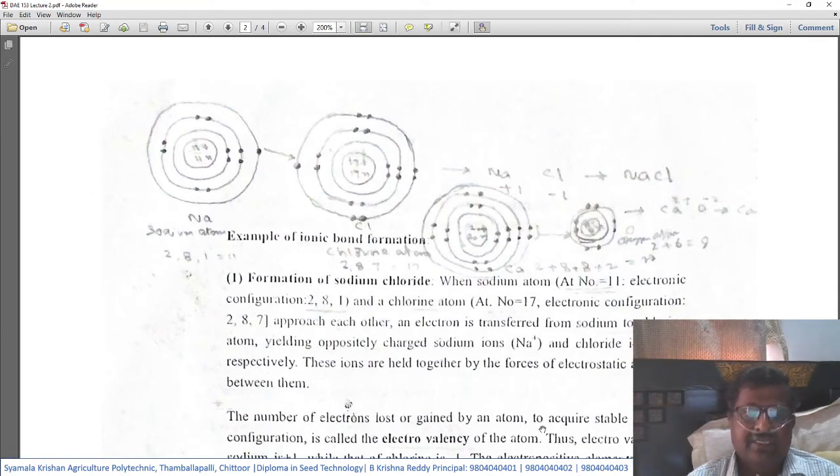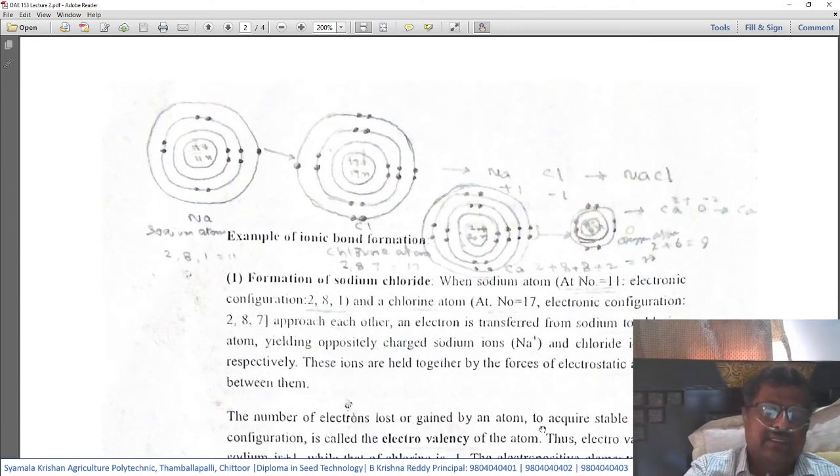Electronic configuration is 2, 8, 1, which means in the sodium atom, in the lower orbit there will be 2 electrons. In the next orbit, there will be 8 electrons. And in the outermost one, 1 electron.